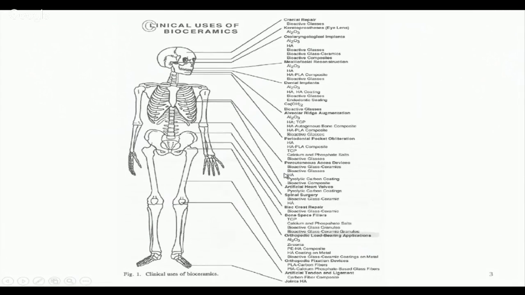So hydroxyapatite, bioglass and bioactive glass ceramics, tricalcium phosphate, alumina and zirconia. These are the materials which are mostly used for different applications, and in recent times, as I said, leucite and lithium disilicate are also used for dentures applications.